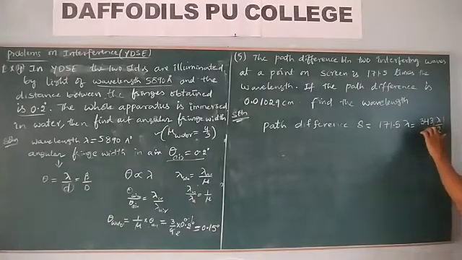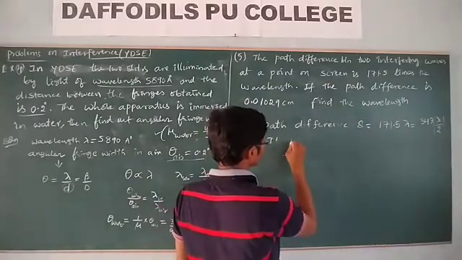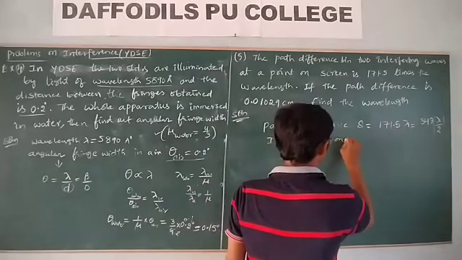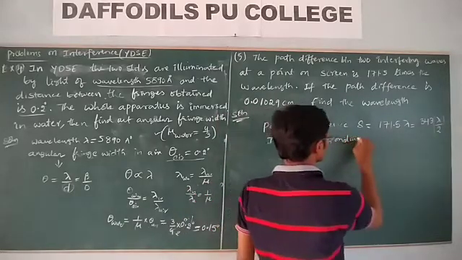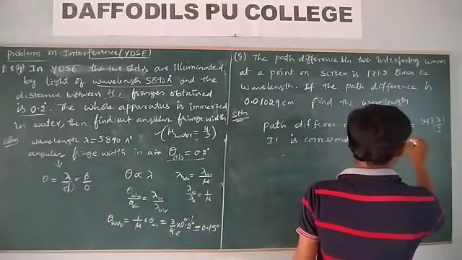Because of odd multiples of lambda by 2, what does it represent? This is the path difference corresponding to a dark fringe.